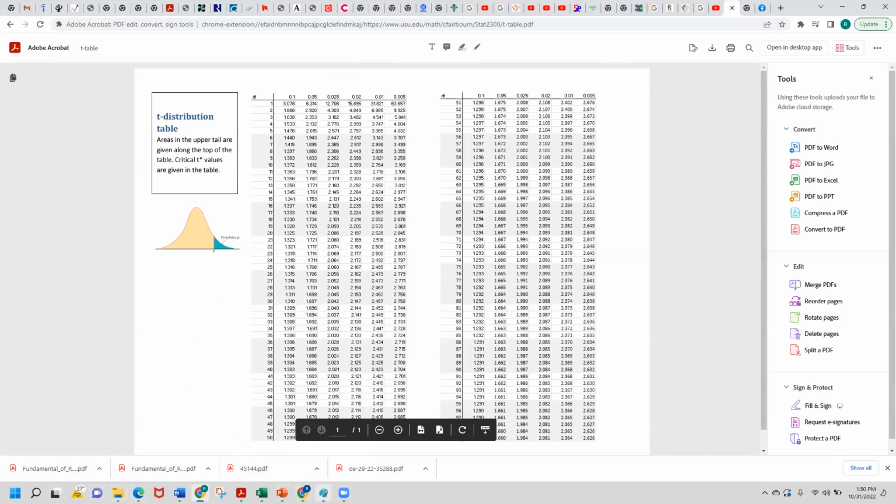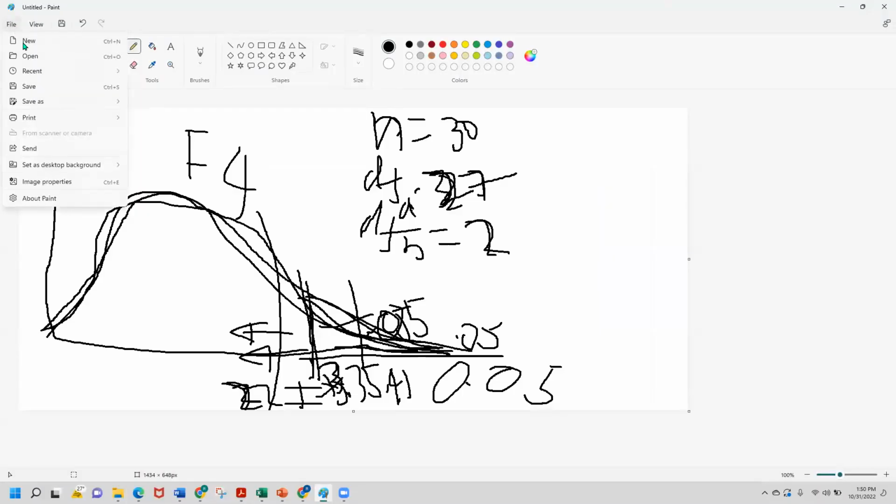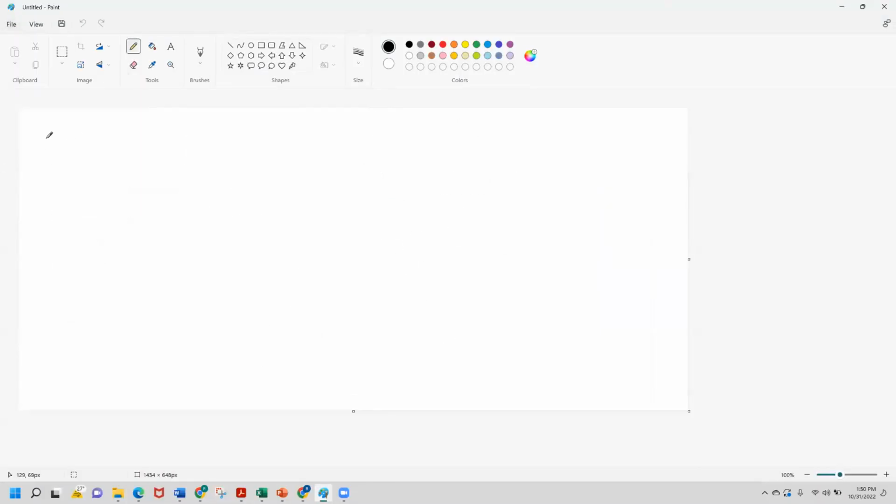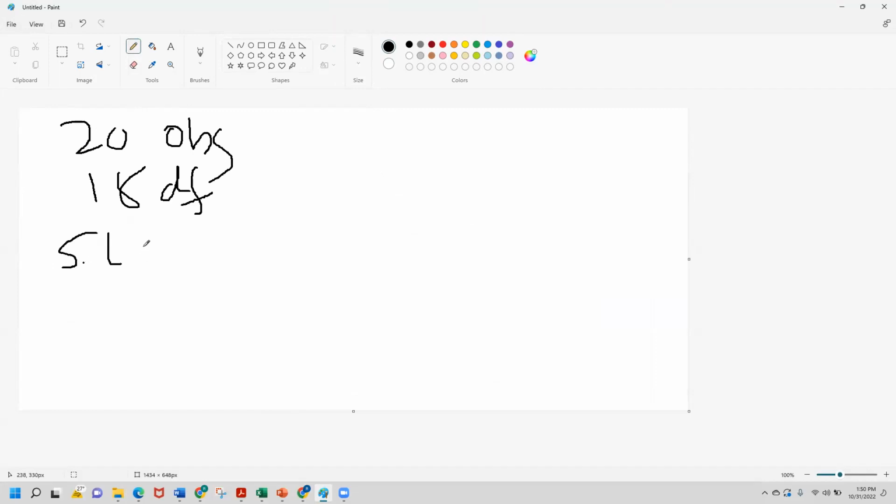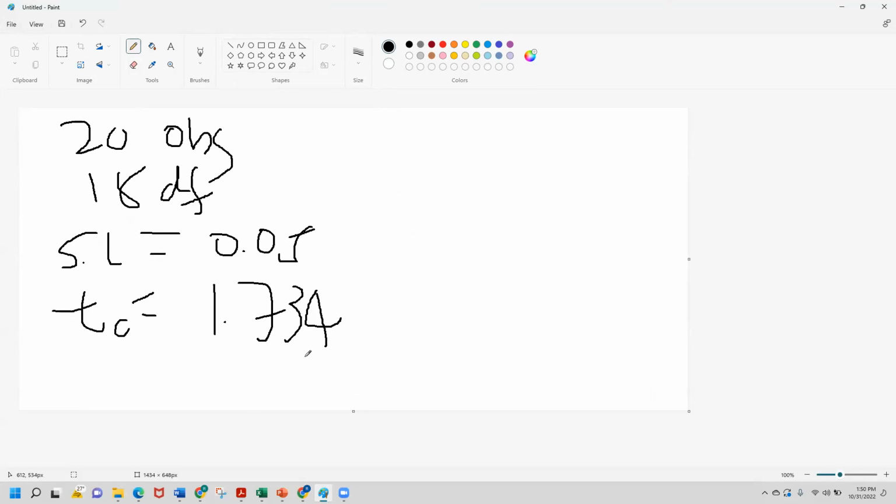So if you have 20 observations, 18 degrees of freedom, and your significance level is 0.05, your critical t is 1.734. What does it mean?